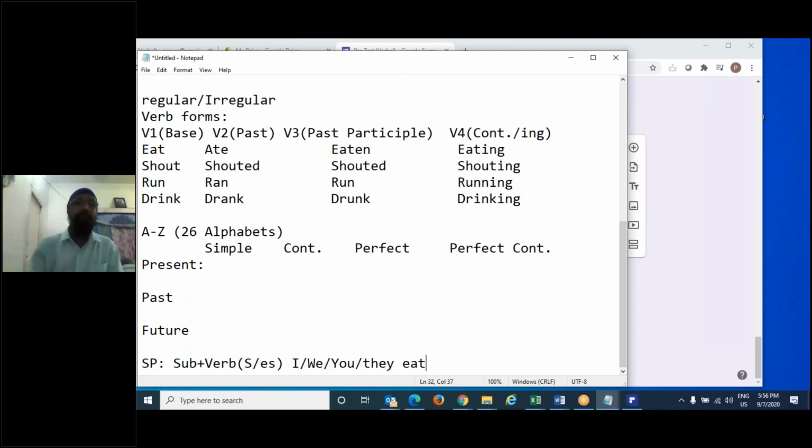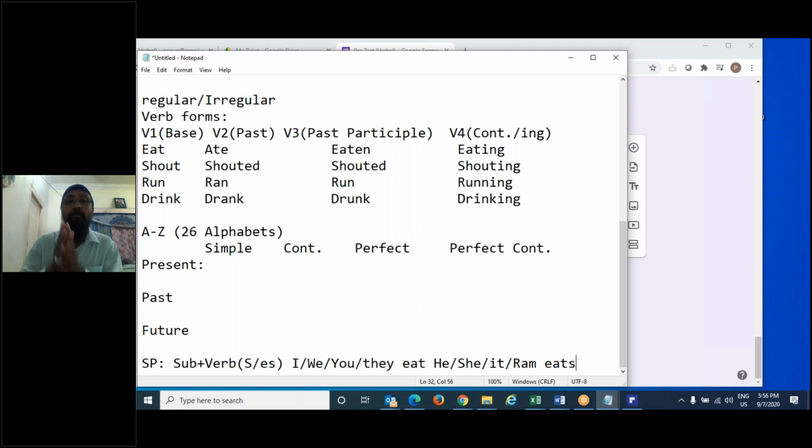For example, eat. I eat, you eat, they eat, we eat. However, when the subject is third person singular, he, she, it, or any singular noun, Ram, the verb needs, in the simple present, to add an s or es depending on the spelling. It becomes eats. He eats, she eats, it eats, Ram eats.